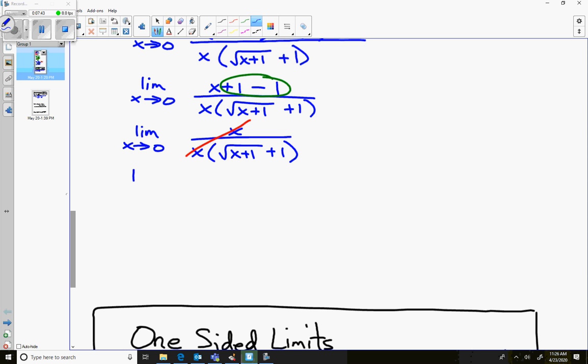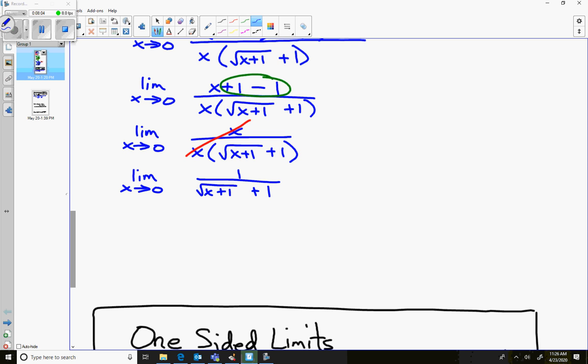But you have to do them in 2 steps. So we're left with just that, which generally is unacceptable. You know you cannot have radicals in the denominator. Not worried about that at the moment. I'm still trying to evaluate the limit.